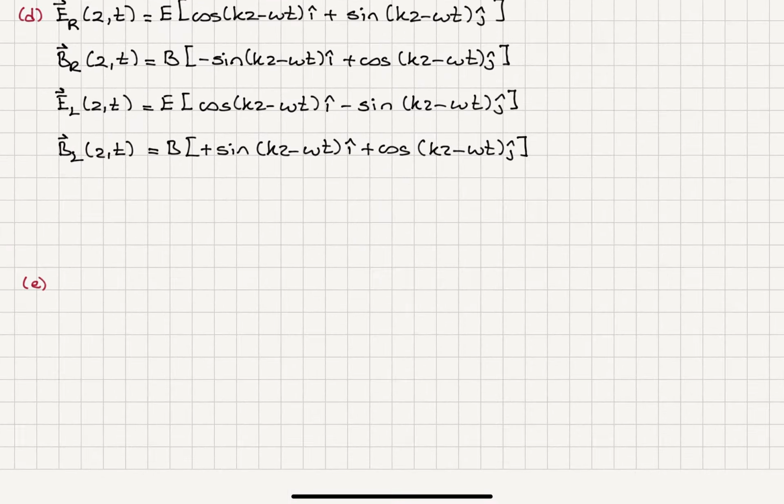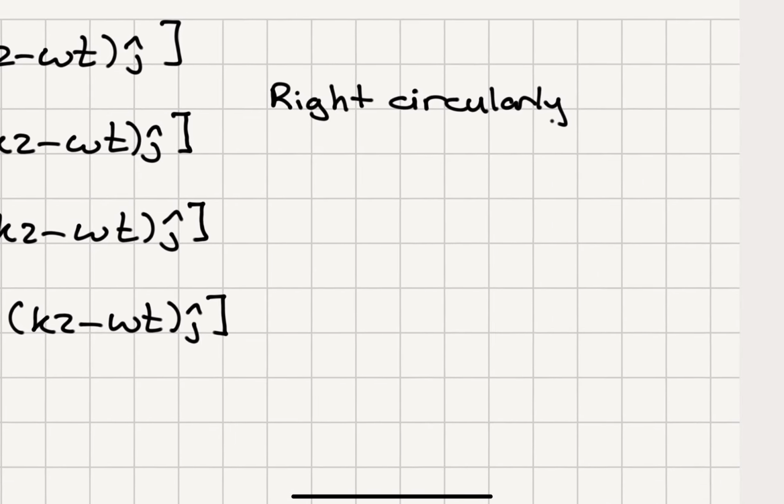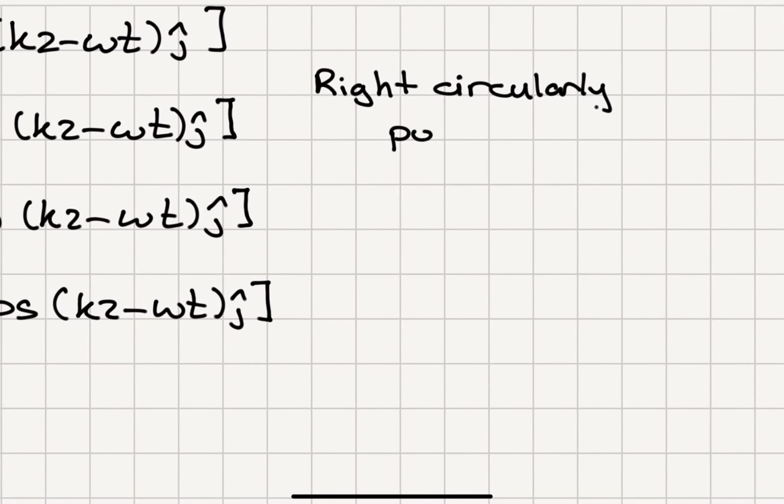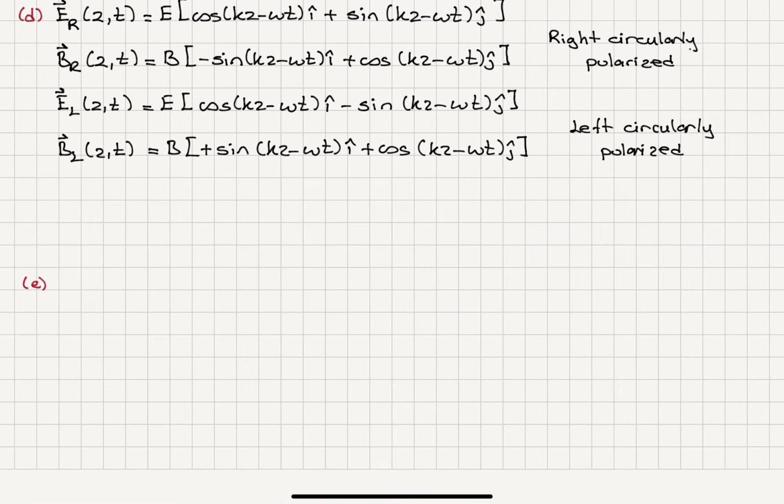Okay, so I note here that these two terms are for right circularly polarized and these two terms are for left circularly polarized. Okay, so I have obtained the corresponding electric field and magnetic field components.